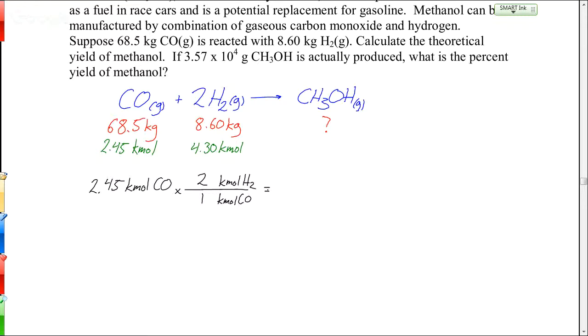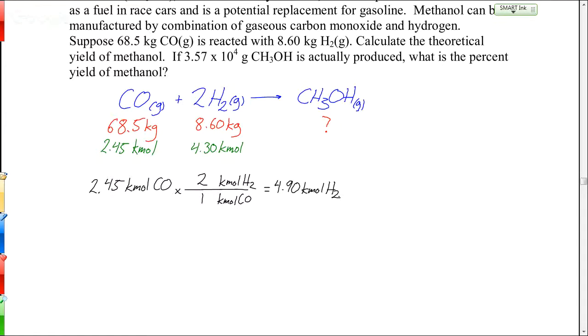And so that is 4.90 kilomoles of H2. So that tells us that we need more hydrogen than we actually have. We need 4.90 kilomoles. We have 4.30. So that makes hydrogen the limiting reactant. You see how that goes?